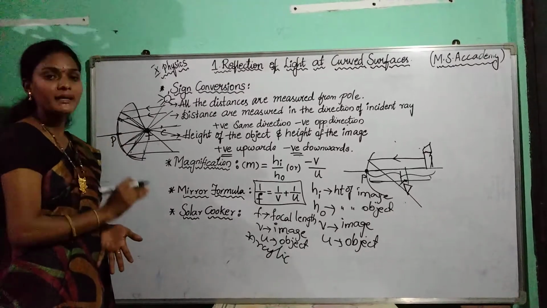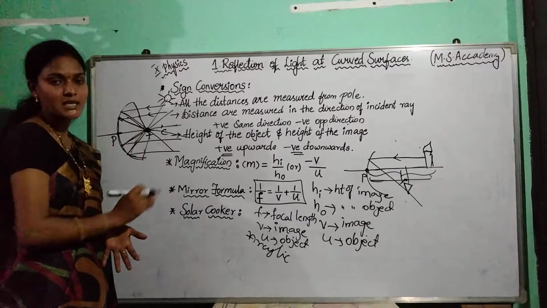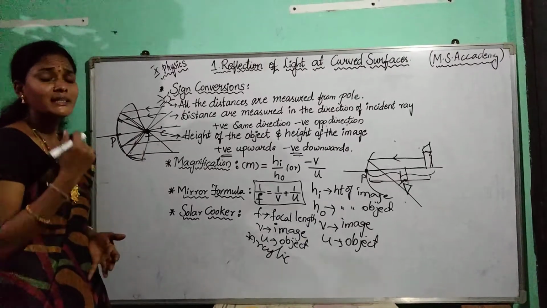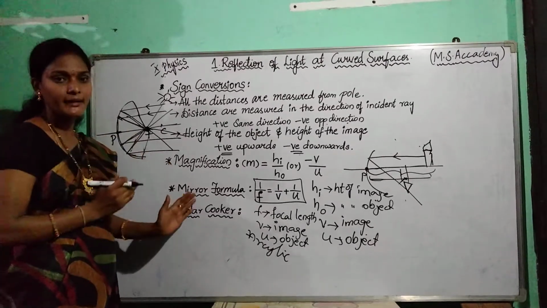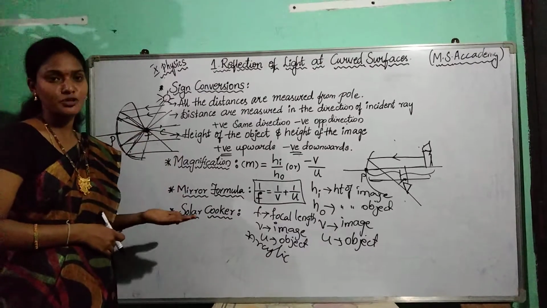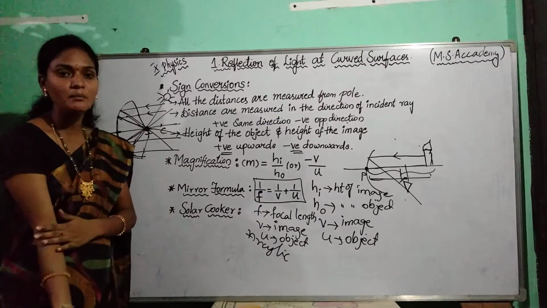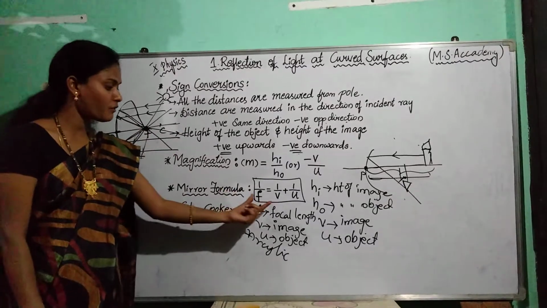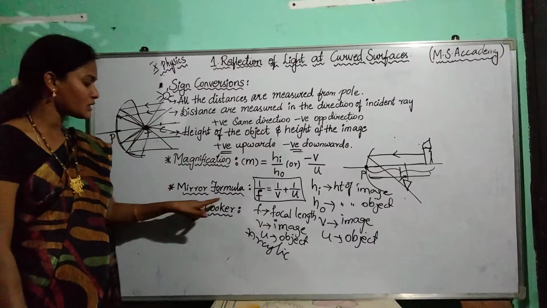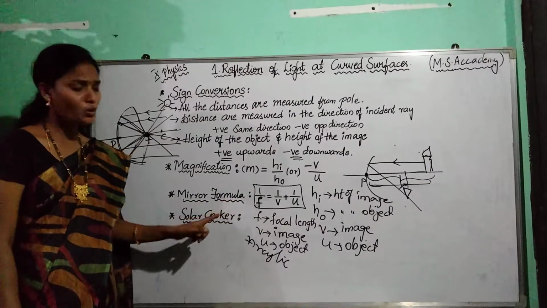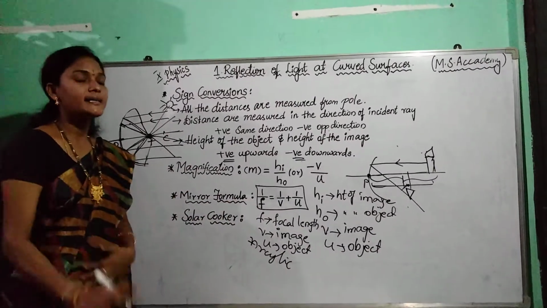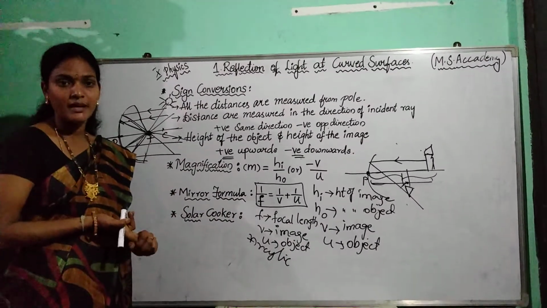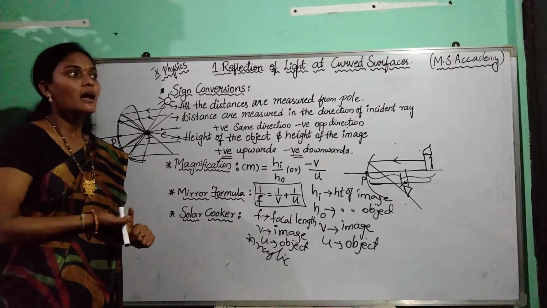With this we completed all the topics in our first chapter. So what are the expected questions in this chapter? Mainly, if he goes with problems, he will give you problems based on this mirror formula. And second, ray diagrams are also very important.